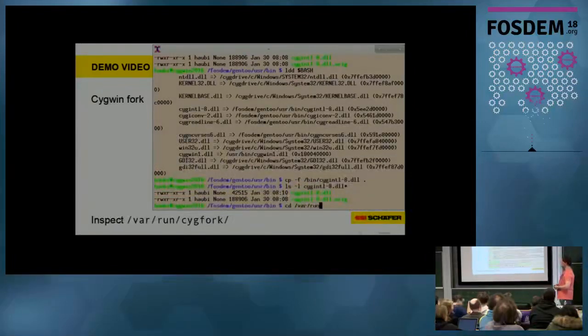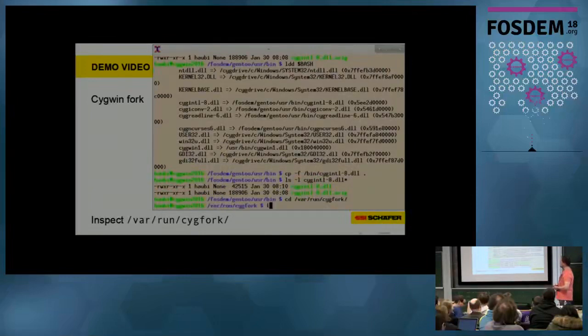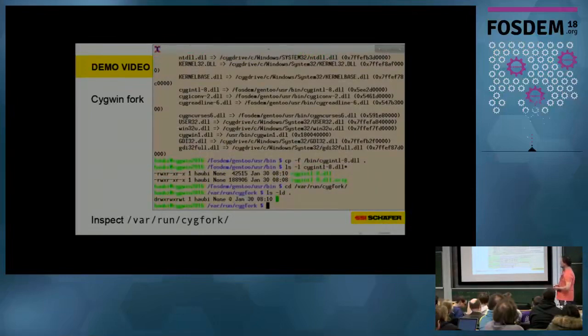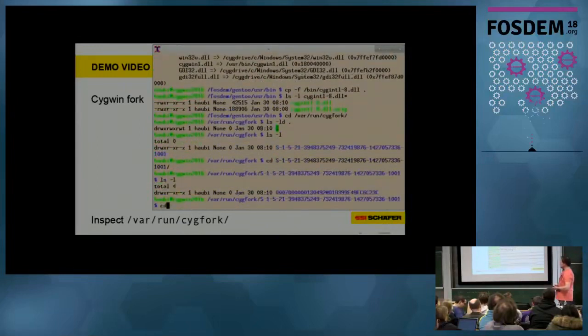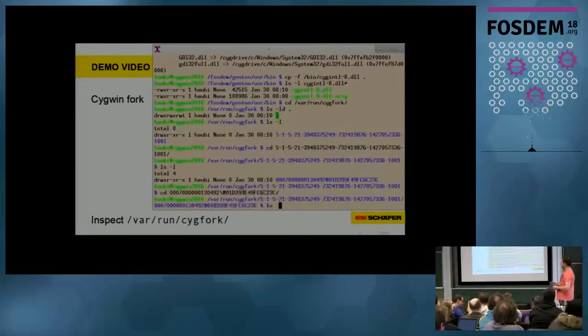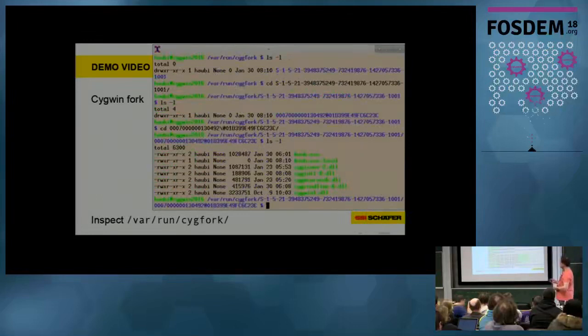How does this work? Let's inspect this var run cygfork directory. There is a directory per user and a directory per application. This application directory does contain the bash.exe, the original executable, the original DLL, and the bash.exe.local file, which can be empty.